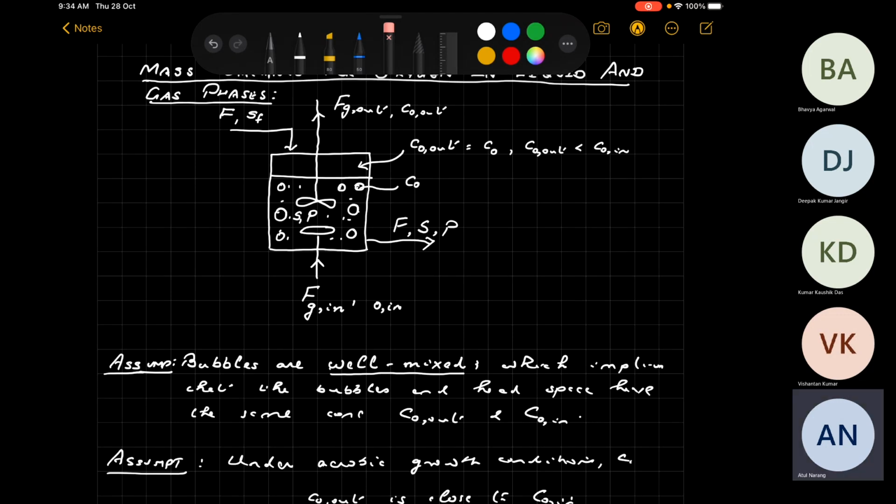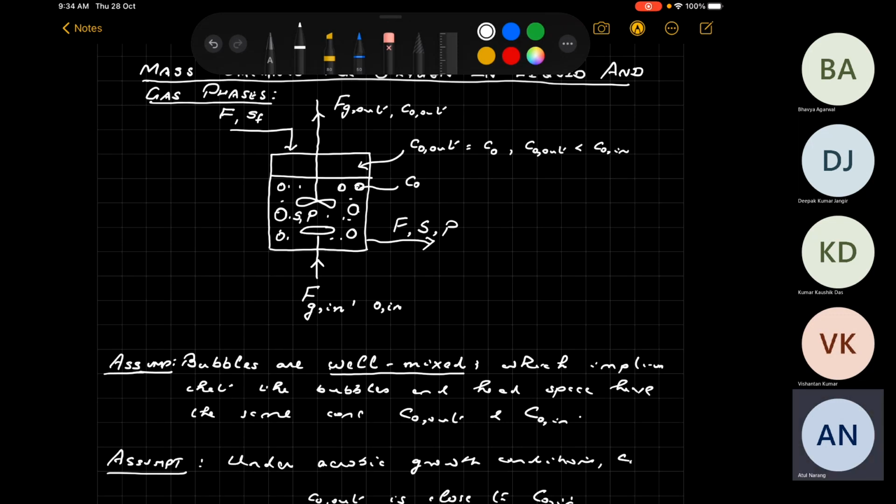As I noted last time, in the first chapter we wrote balances for substrate, biomass, products, and so on, but we never wrote a balance for the gases. Here we'll see the gas balance for the first time, and I'm going to focus primarily on oxygen.